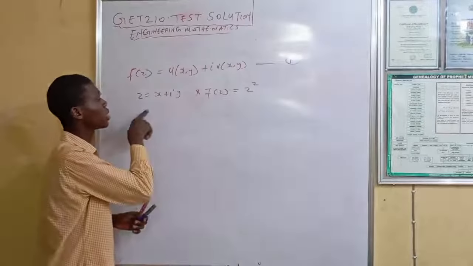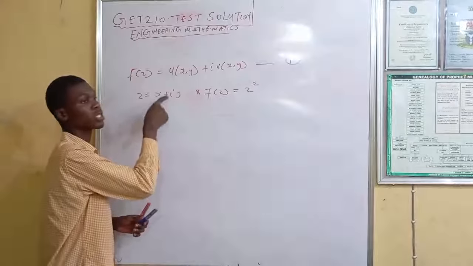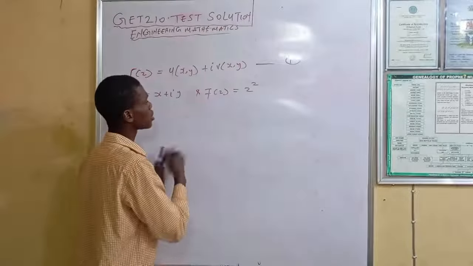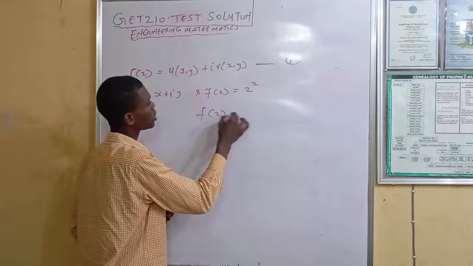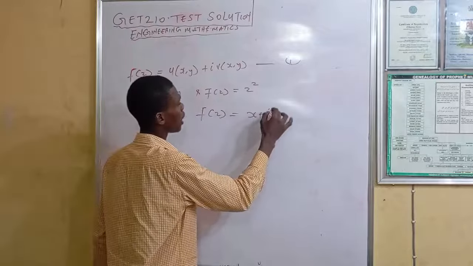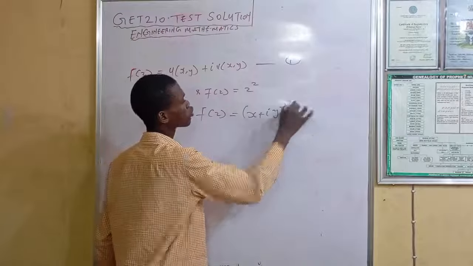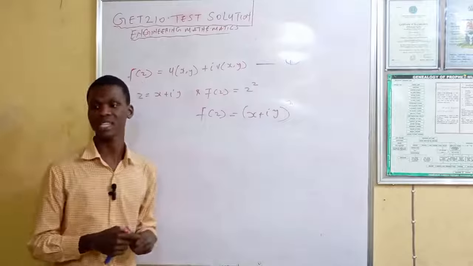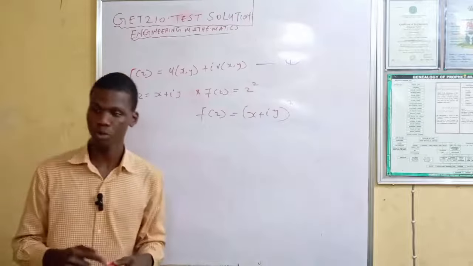But I'm already told that z is x plus iy, meaning this function f(z) is the same thing as (x plus iy) all squared. So this is the function I want to verify if it satisfies the Cauchy-Riemann equations.